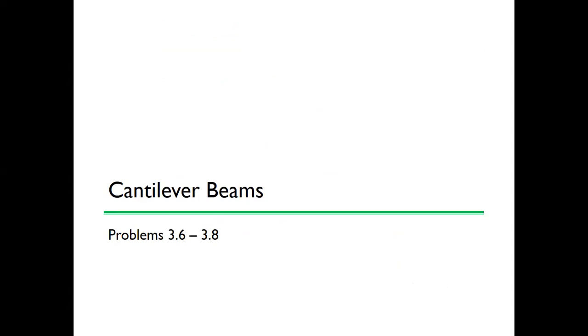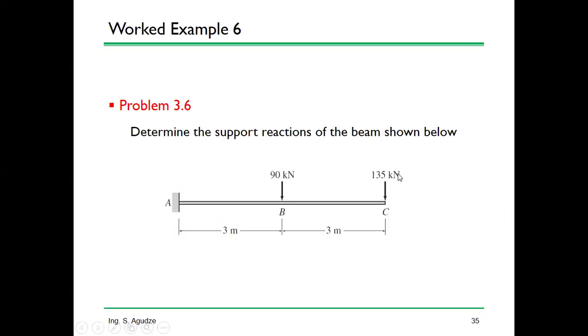and we also started with cantilever beams. But I remember that we solved only one example. So for that reason, I am going to restart the cantilever beam problem 3.6, and then we continue from there.